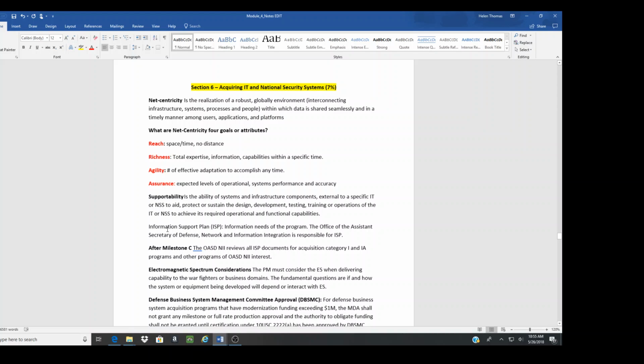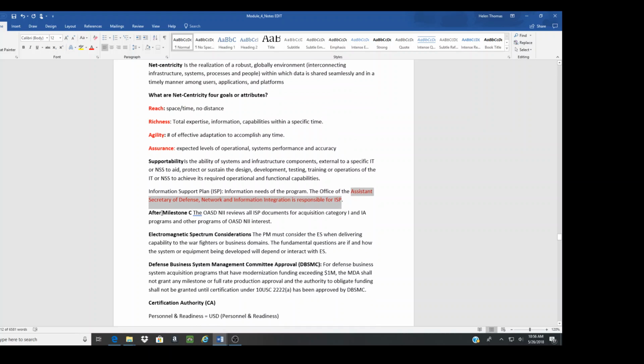The ISP, or information support plan, covers the information needs of the program. The Office of the Assistant Secretary of Defense, Network and Information Integration is responsible for the ISP. So whenever you see this, you need to know who's responsible for the information support plan. Again, that's your Network and Information Integration at the DoD level.